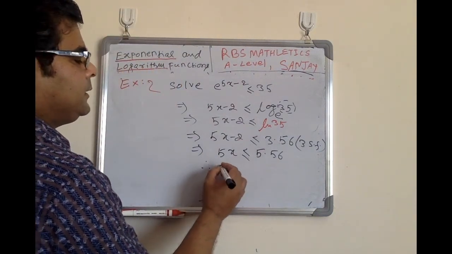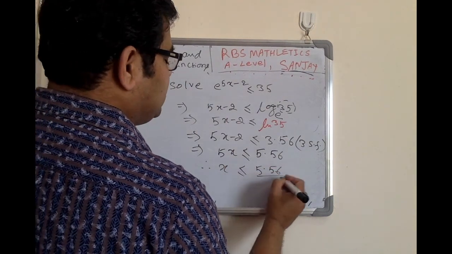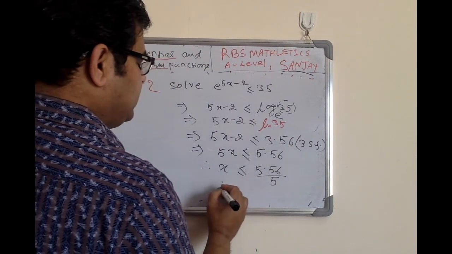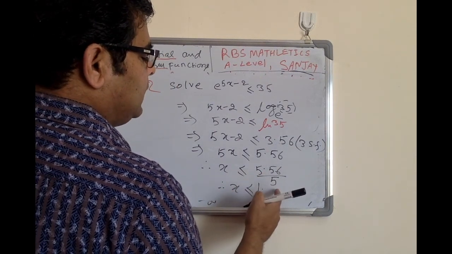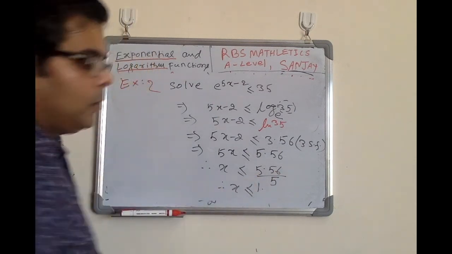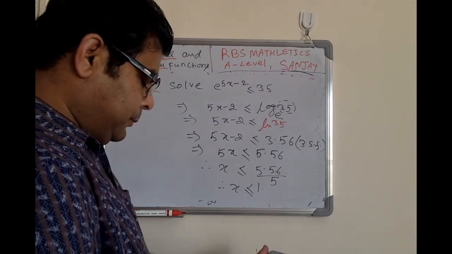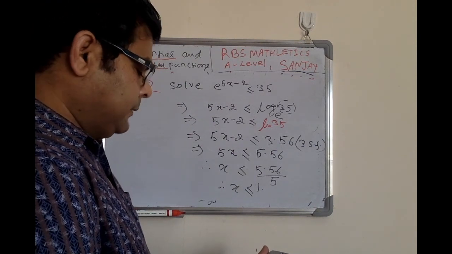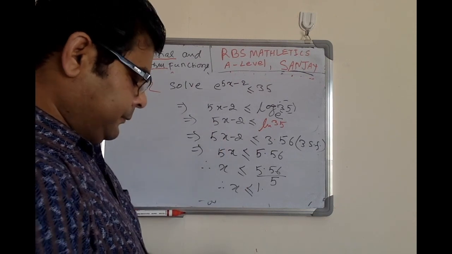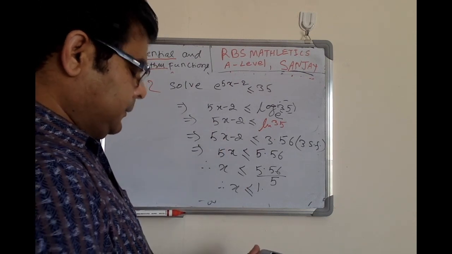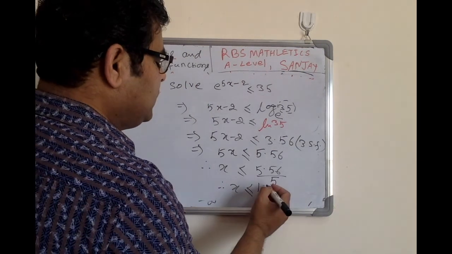Therefore you can write x is less than or equal to 5.56 divided by 5, and therefore x is less than or equal to 1.11. Let's check in the calculator: 5.56 divided by 5 is 1.112.